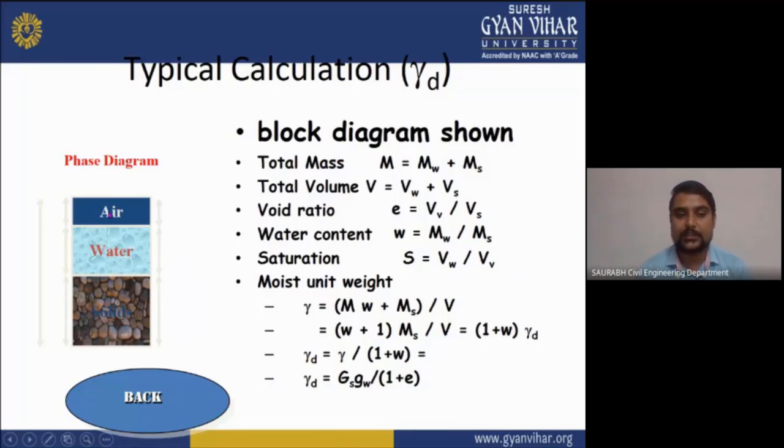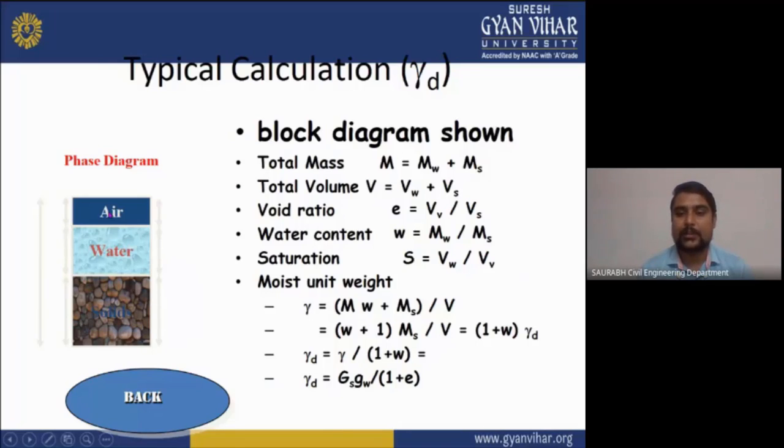As you can see, there is air, water, and solids, and total mass will be represented by M, and it will be MW plus MS, means mass of water plus mass of solid, and we do not need to take the mass of air here because we assume the mass of air as zero.